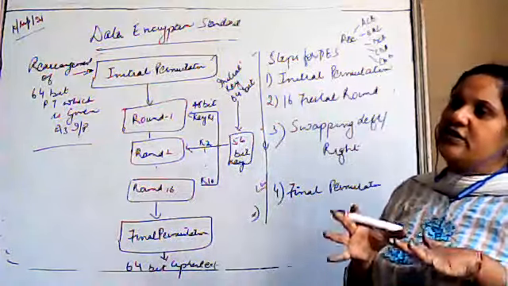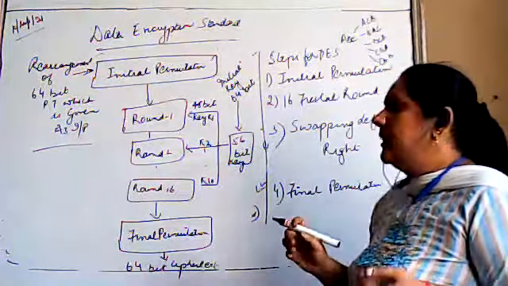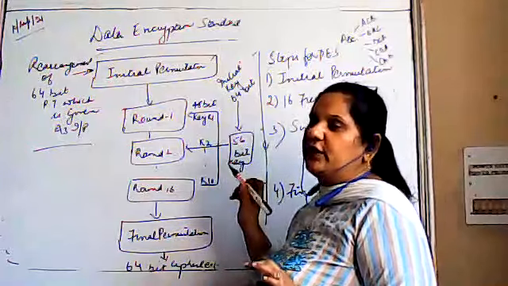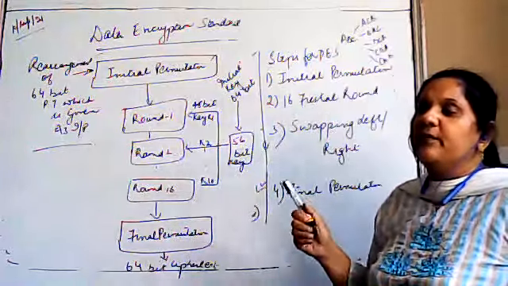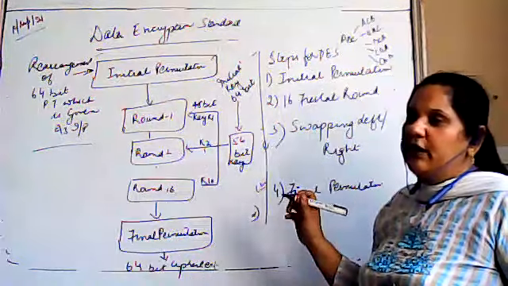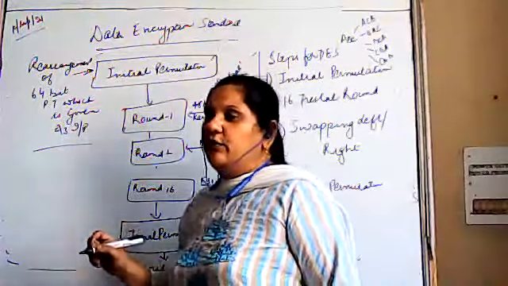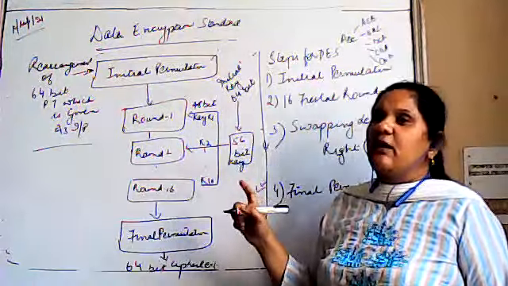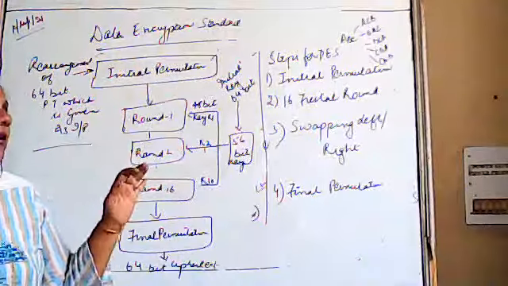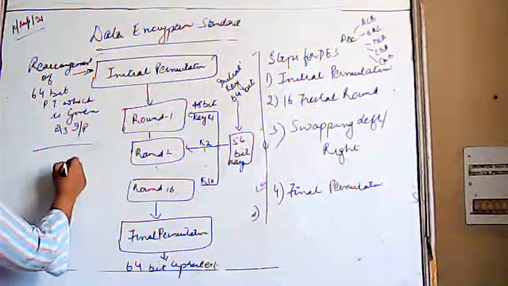Then some processes will be performed on the 56-bit key so as to convert it into a 48-bit key. Fine. So if there are 16 rounds, then we will have 16 different keys which will be applied on each round to get the corresponding ciphertext.